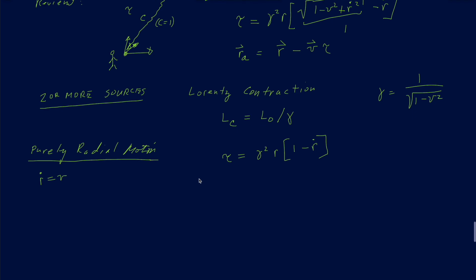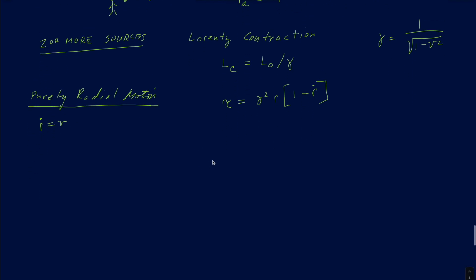Okay, now we can actually go a step further in the simplification, because gamma here can be written as, so gamma squared, if we square this and use the fact that this is the same as r dot, v is, we can write gamma squared equals 1 over 1 minus r dot squared.